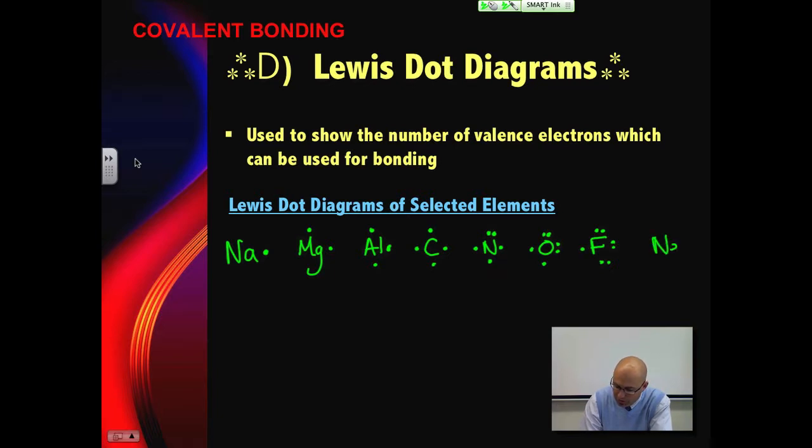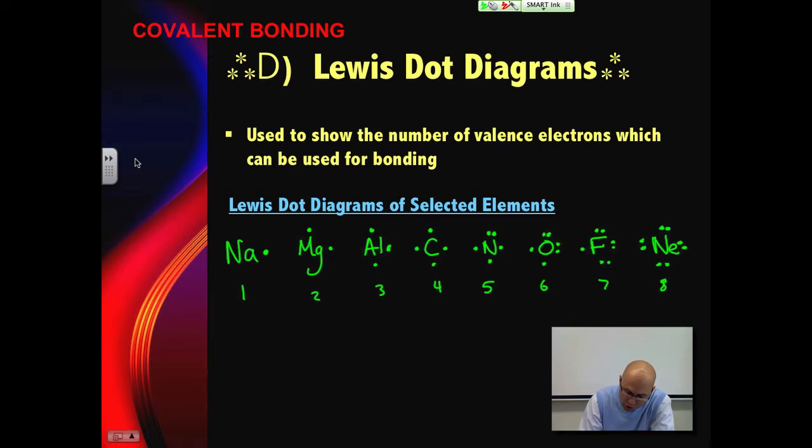And of course, the noble gases have a full set, which is 8 valence electrons. Okay, so 1, 2, 3, 4, 5, 6, 7, 8 valence electrons. Now the ones that are already paired, that makes sense since you can have pairing due to the Pauli exclusion principle. You can have pairing as long as they're opposite spins.